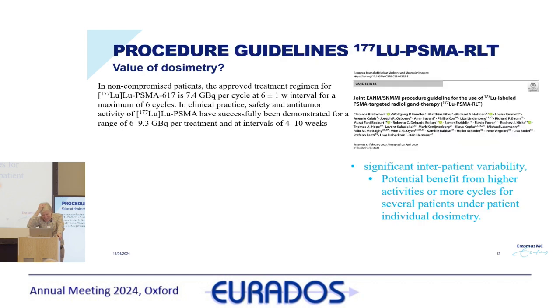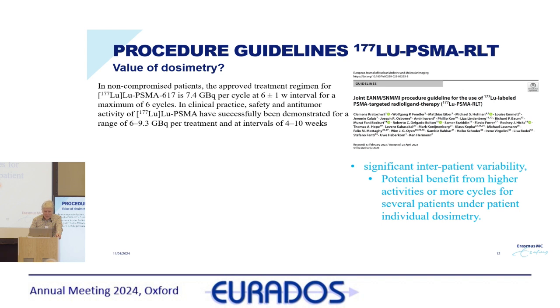So fortunately, there are some more procedure guidelines being published by ENM, and in the most recent guideline it is indicated that due to the large interpatient variability, there's a potential benefit from higher activities or giving more cycles for several patients under patient individual dosimetry. So that was quite okay.